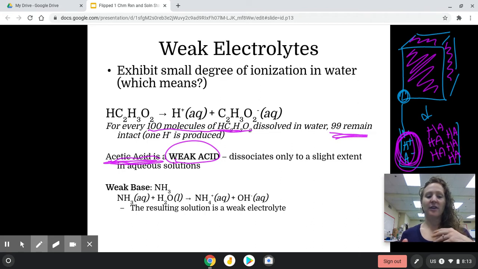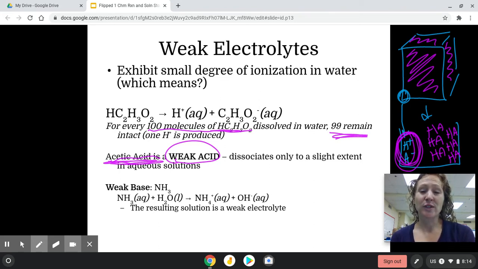If you have a weak base that gets dumped into water, the majority of that weak base is going to remain intact as molecules, and only one of them is going to really fall apart into the hydroxide.